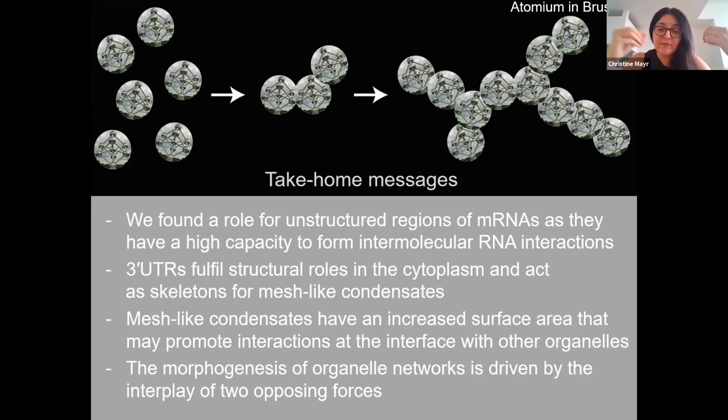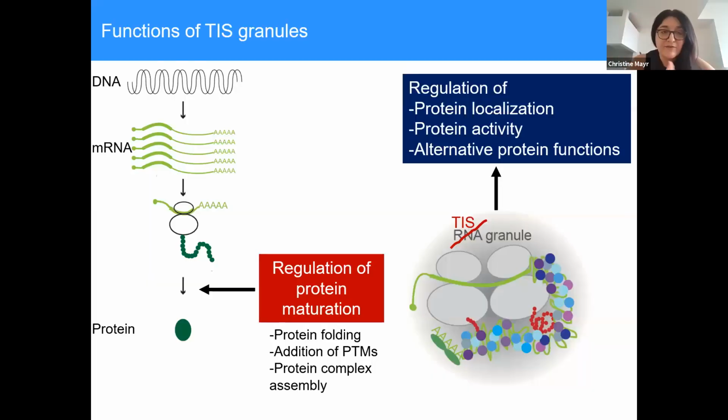And with this, I want to have my last slide on what we think are the functions of TIS granules. We think that they play a really important role in protein maturation. Protein maturation is the step between protein synthesis and obtaining a fully functional protein.